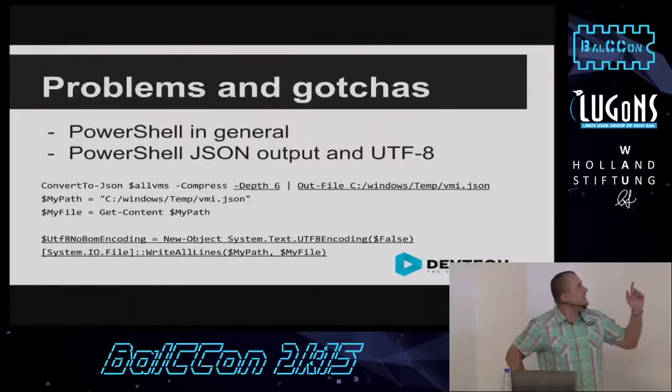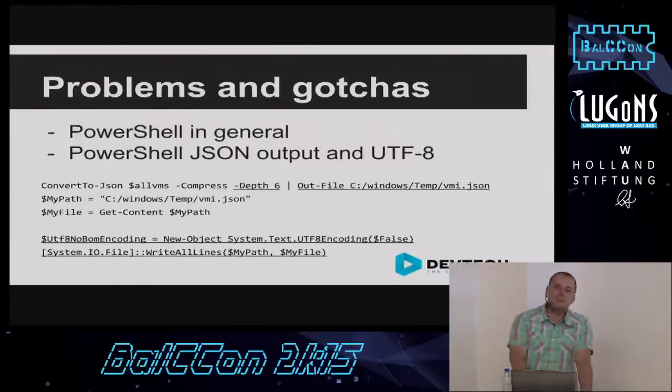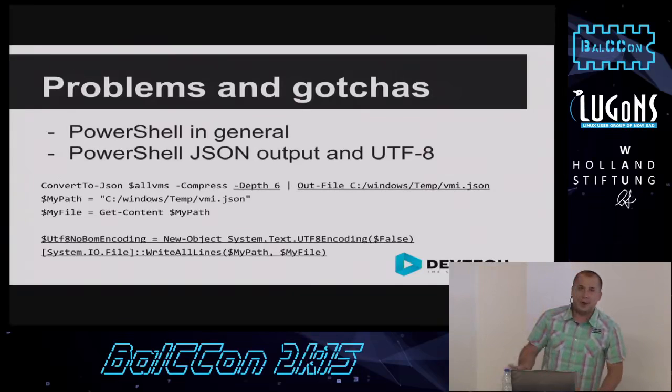Second problem, second gotcha that got me spinning for like 2 days was that when it outputs the JSON, it's not properly formatted. I don't know why, but they add a byte order mark to the beginning of the file. So when you read it in Python, it turns out to be invalid. Still, I don't know why.